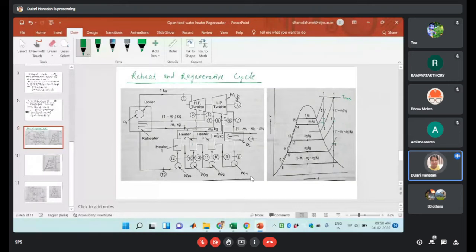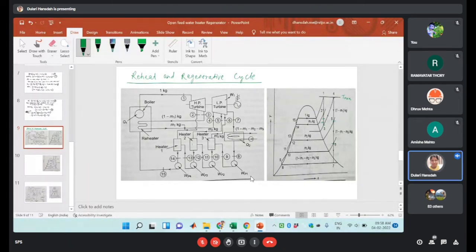Okay. Then again what we are doing at the point 6, suppose we are again drawing certain amount of steam, that is the m3 kg of steam is drawn at the point 6 and that is utilized in the heater 3 to heat the feed water.